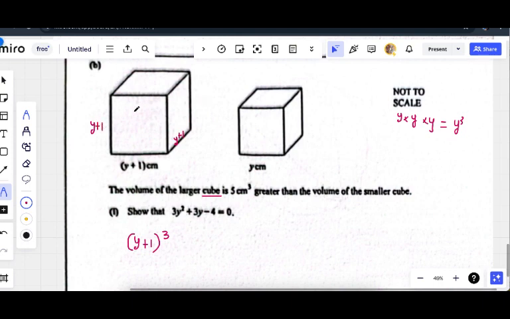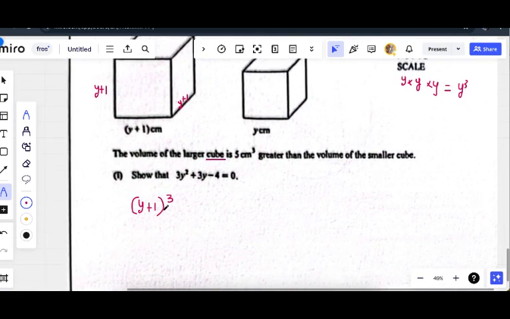So to find the volume of this large one, you say y plus 1 times y plus 1 times y plus 1. To put it in a simple form, you just say y plus 1 to the power of 3. This is equal to, you say the volume of the larger cube is 5 centimeters cubed greater than the volume of the small one.